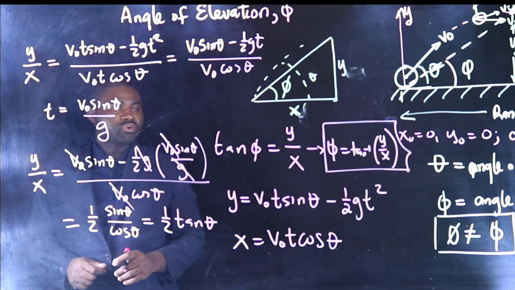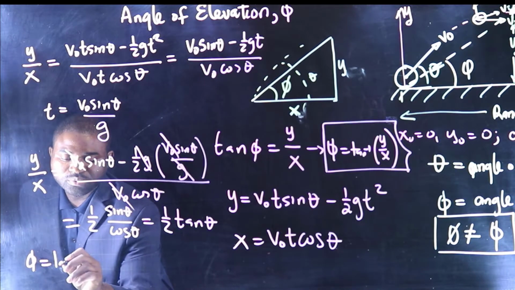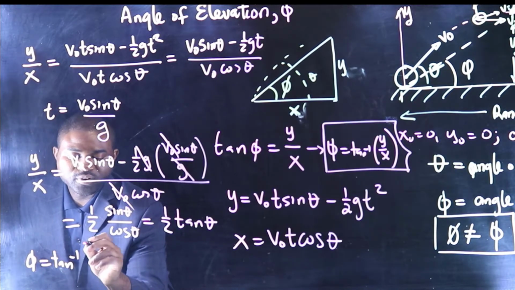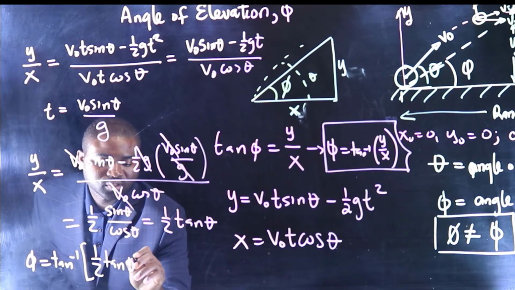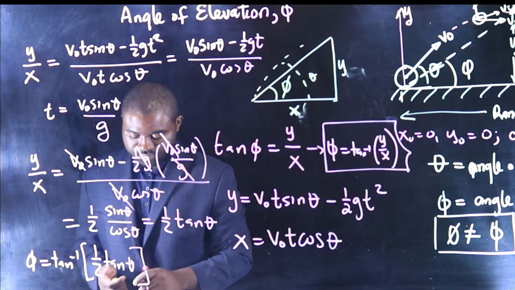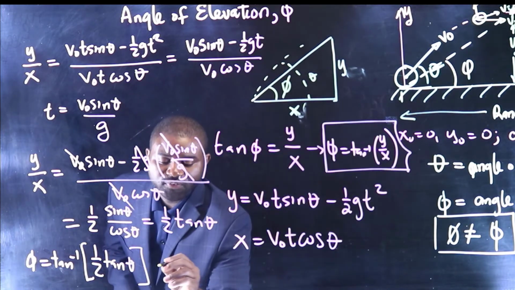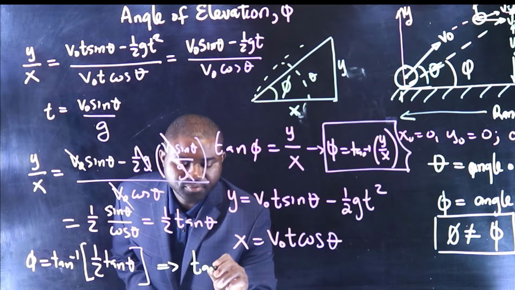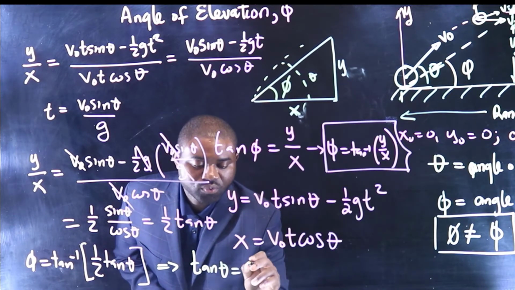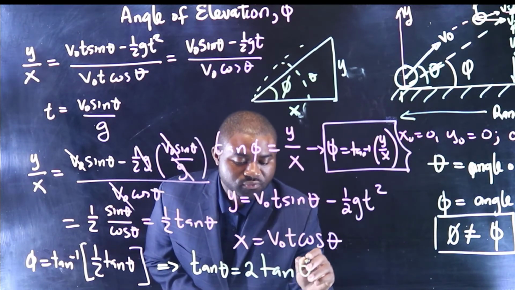Hence, we can see that phi is equal to tan inverse of 1/2 tan theta, which essentially implies that tan theta is equal to 2 tan phi.